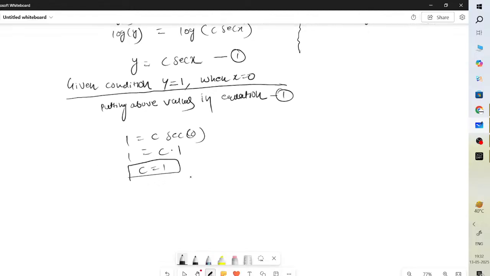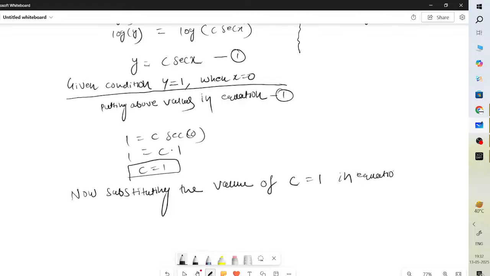Now substituting the value of constant c equals 1 in equation 1, we get our required solution, and this is the final solution.